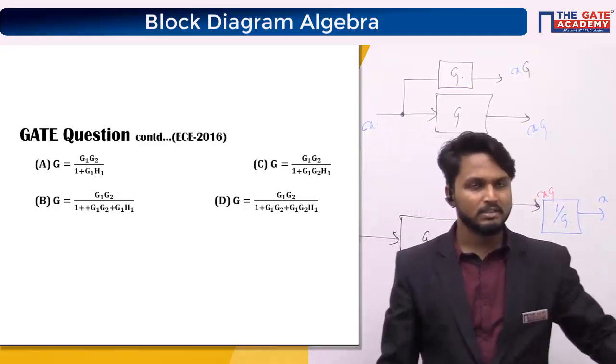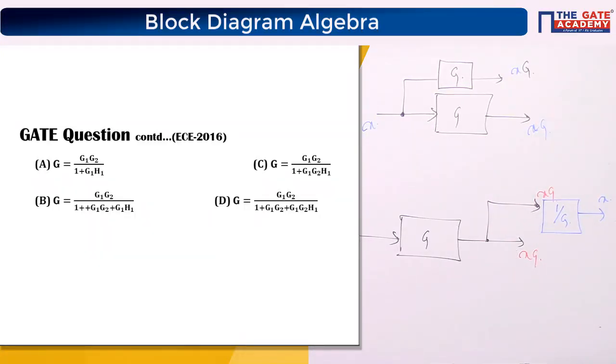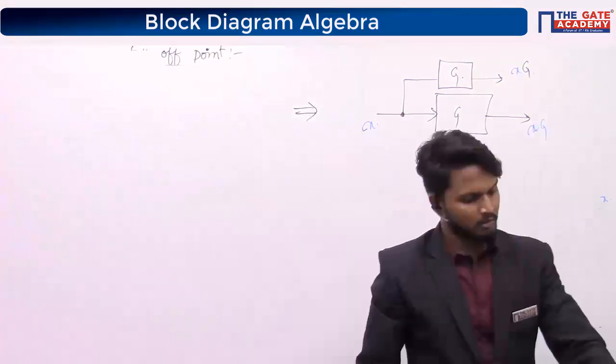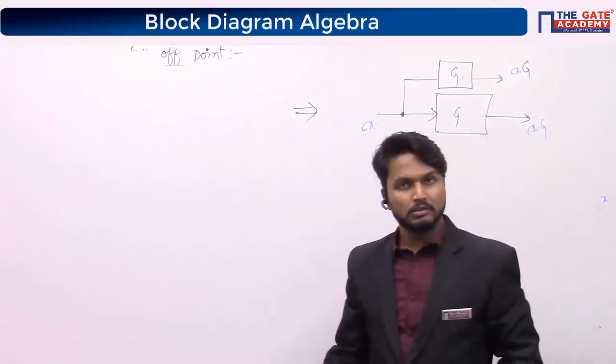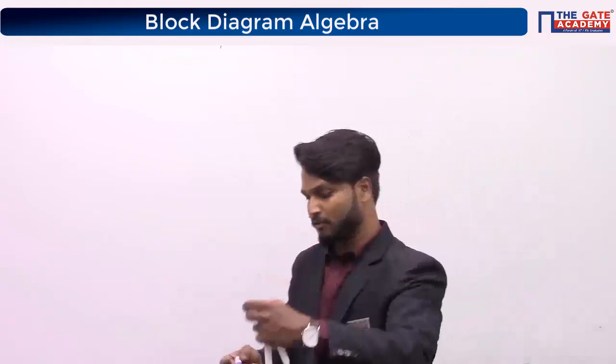We can just simplify this easily. If you want options for this question, I can give the options, but options are not required. The question is so easy. See, these are the options. So please go through the question and give me the answer, everyone.